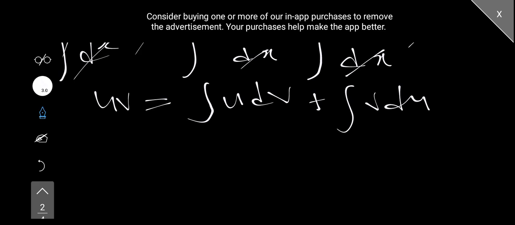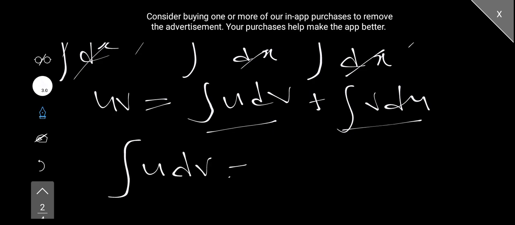Since we want to integrate, we are going to pick something with an integral. We have two parts that have integrals, this and this. So we are picking the integral of u dv, and we make it the subject of the formula.